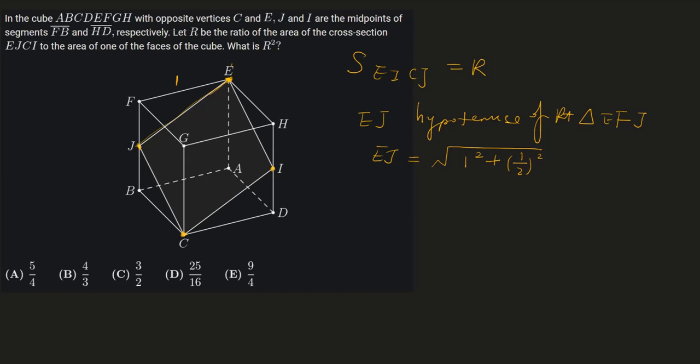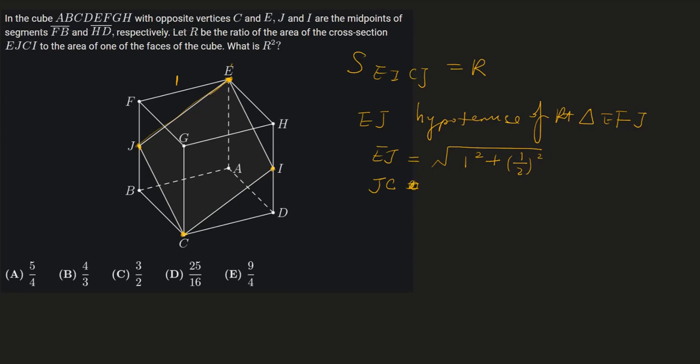Don't forget, this J is the midpoint of FB. And similarly, the length of JC is also equal to this quantity. We don't have to calculate this quantity yet, because this JC is the hypotenuse of the right triangle JBC, right?